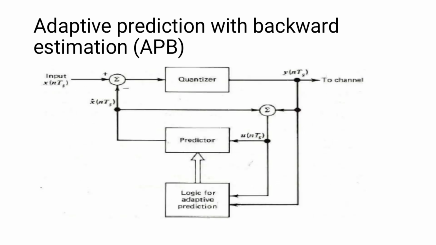Whereas in backward estimation, the same thing gets looped. Then the logic for adaptive prediction is given to the predictor, again getting the difference and quantizer value. So everything we have seen in a prediction filter is to be looped. That is adaptive prediction with backward estimation.